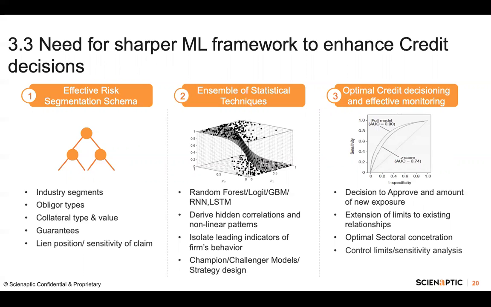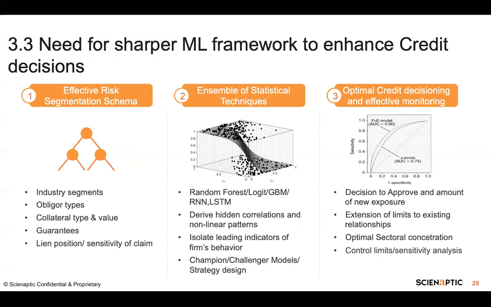And that segmentation could be based on the industry, the obligor, what type of collaterals are there, the guarantees coming in, or any lien positions established. The single score, which does not take into account these segmented interactions, is going to create an average view of the profile of the customers.